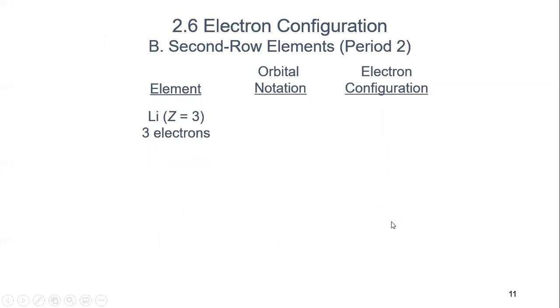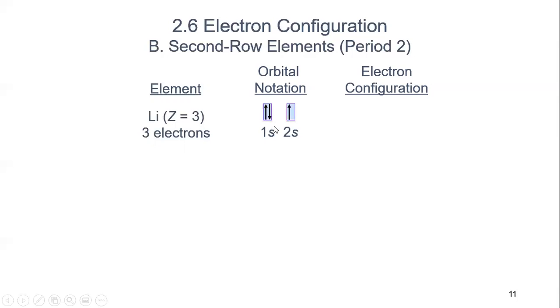Now if we go to the second row, we're talking about elements lithium through neon. Now lithium has 3 electrons, so we're going to need the 1s orbital, and once that's filled, we're going to need the 2s, because the 1s can only hold 2 electrons. So we're going to have 1 electron left over, so it needs to go into the 2s orbital.